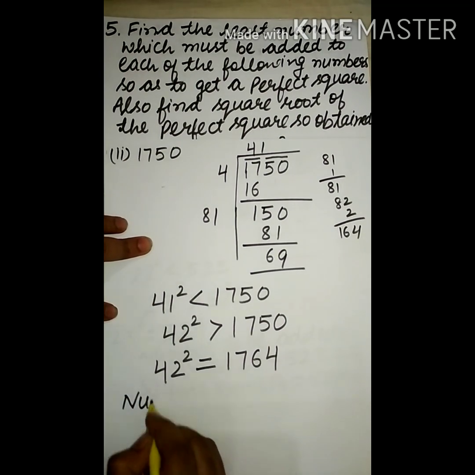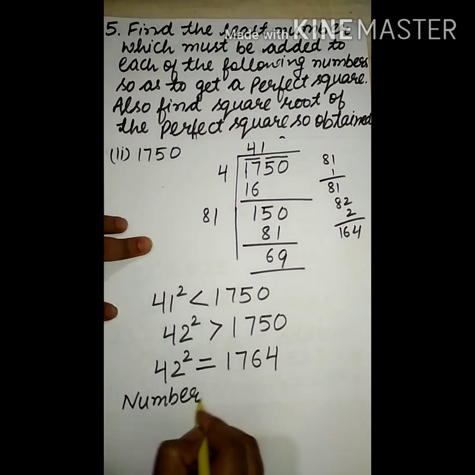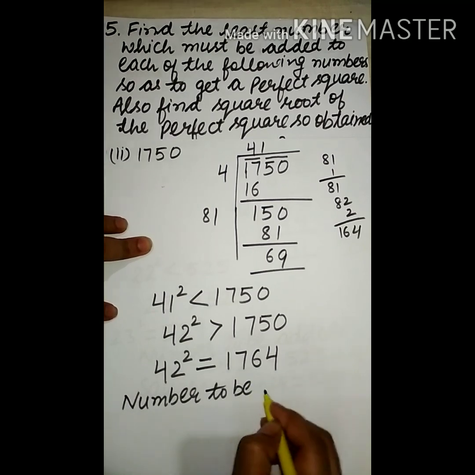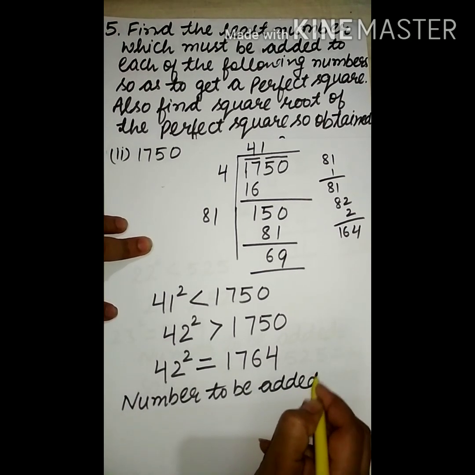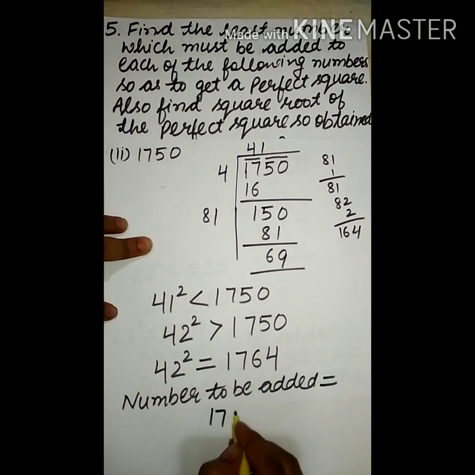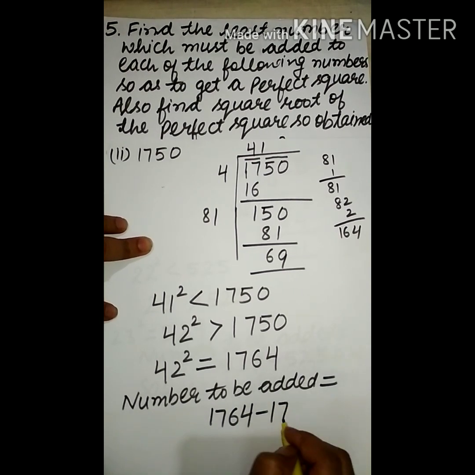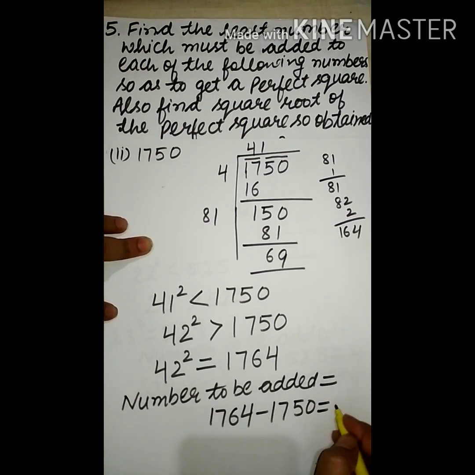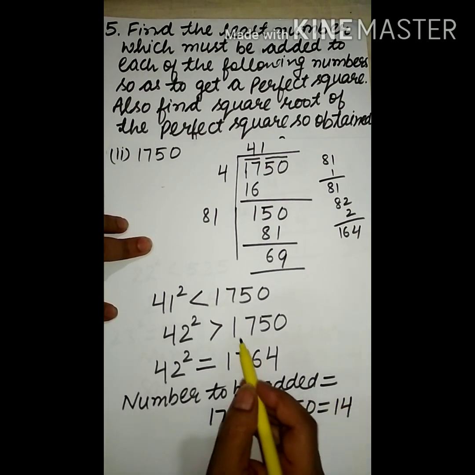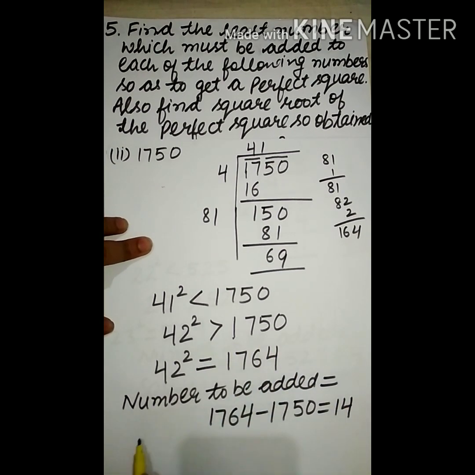So the number to be added is equal to 1764 minus 1750, that is equal to 14. So it means 14 is the smallest number which must be added to 1750.